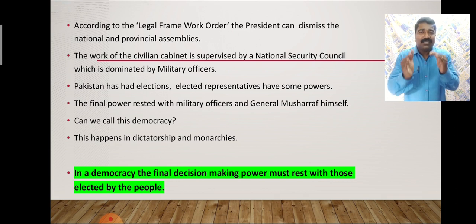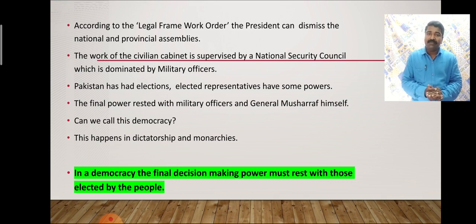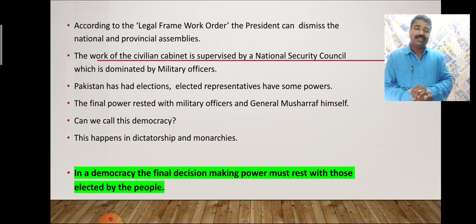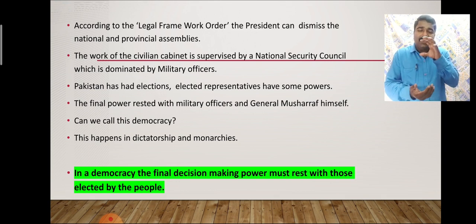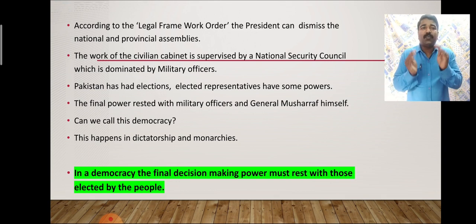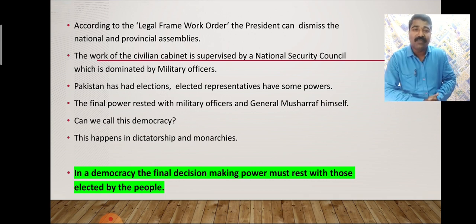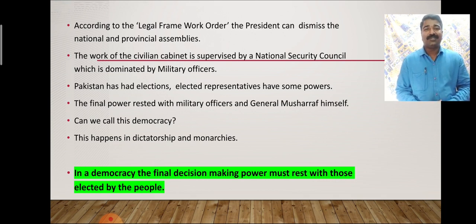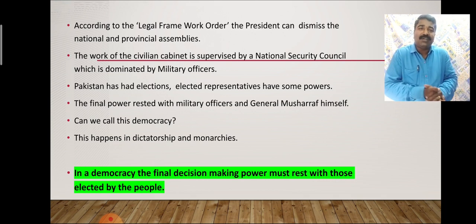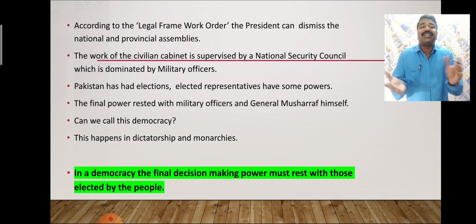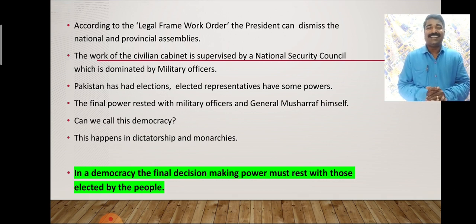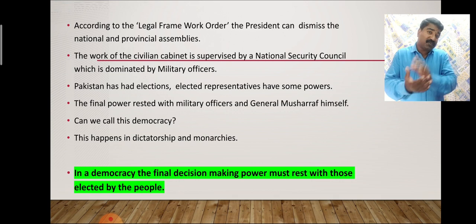The work of the civilian cabinet, those who are elected, is supervised by the National Security Council, which is dominated by military officers. Who appointed these military officials? Pervez Musharraf.